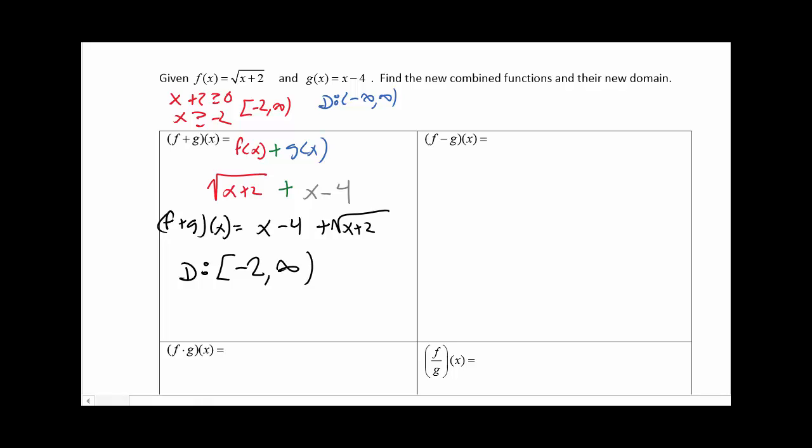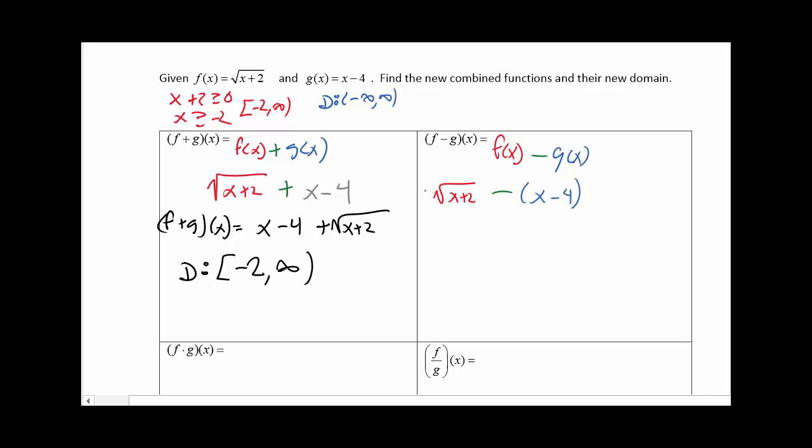With the next case, the difference case, so f of x minus g of x. All right, so that would be square root of x plus 2 minus all of g. So I'm going to put parentheses around the g that time just so I recognize that we are subtracting everything inside g.